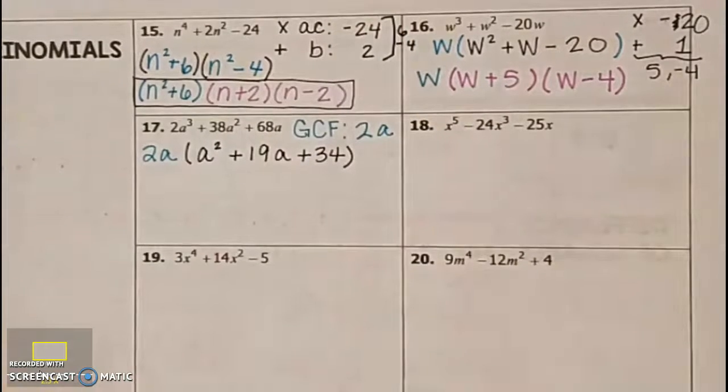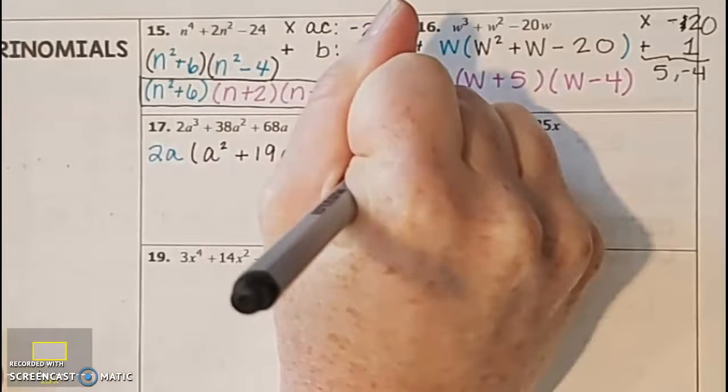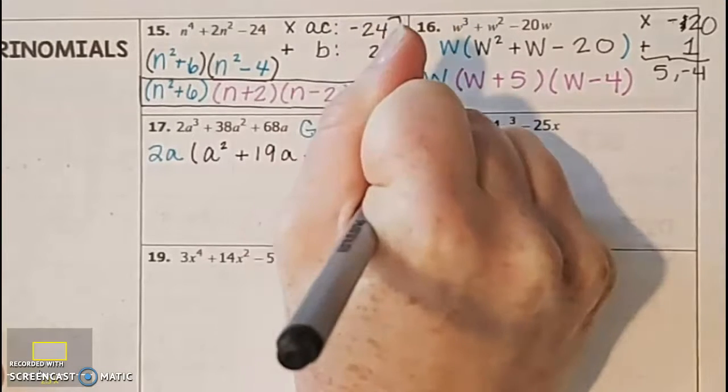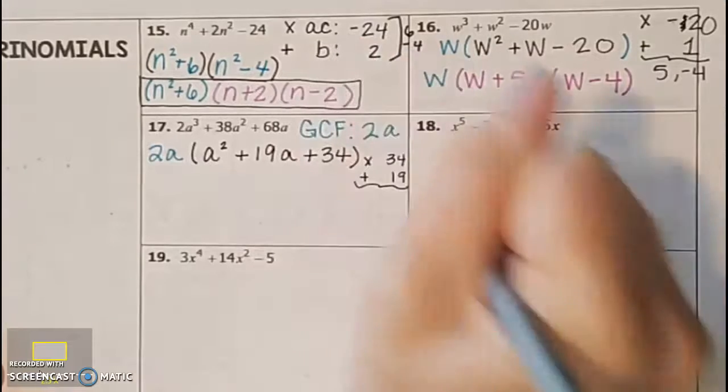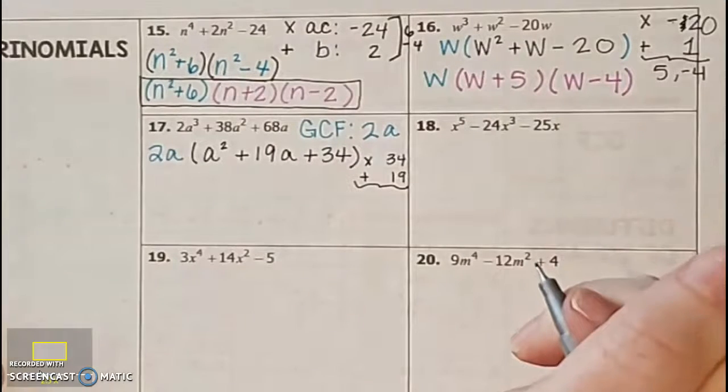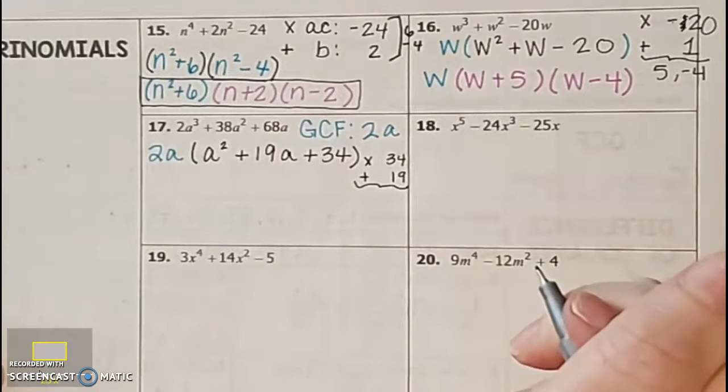Then we have to look, can we factor that quadratic anymore? So we want to ask ourselves what multiplies to give us 34 and what adds to give us 19. What two numbers multiply to give us 34 and add to give us 19? That would be 17 and 2.